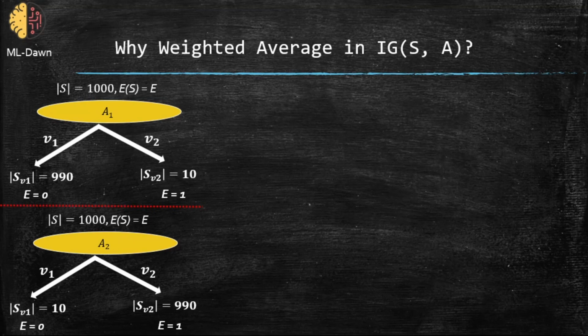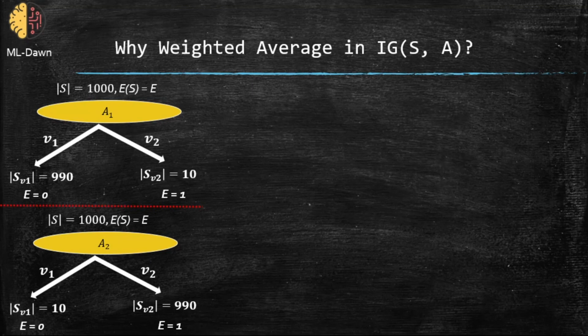On the left side, we'll get a huge set, 990 instances, but the entropy is 0, meaning that this is indeed a leaf. Very nice split, actually. But on the right side, we get a small set, only 10 instances, but the entropy is huge. It is 1, the maximum possible entropy.